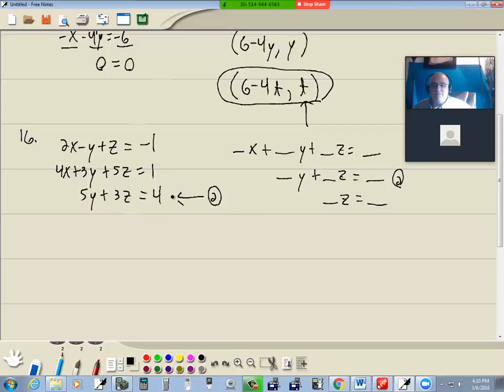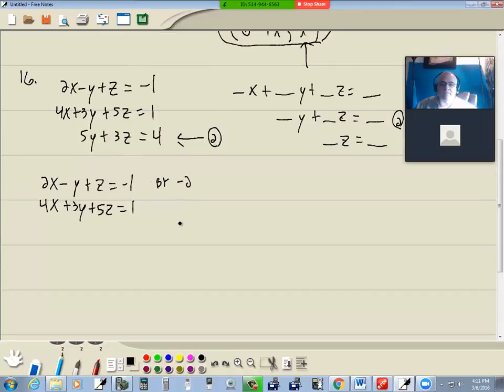Now, how we can get it down is we'll work at eliminating the x's on the first two equations. So let's take a look at those. So I got 2x minus y plus z is equal to negative 1. 4x plus 3y plus 5z is equal to positive 1. Now let's eliminate the x's by multiplying the first equation by negative 2.